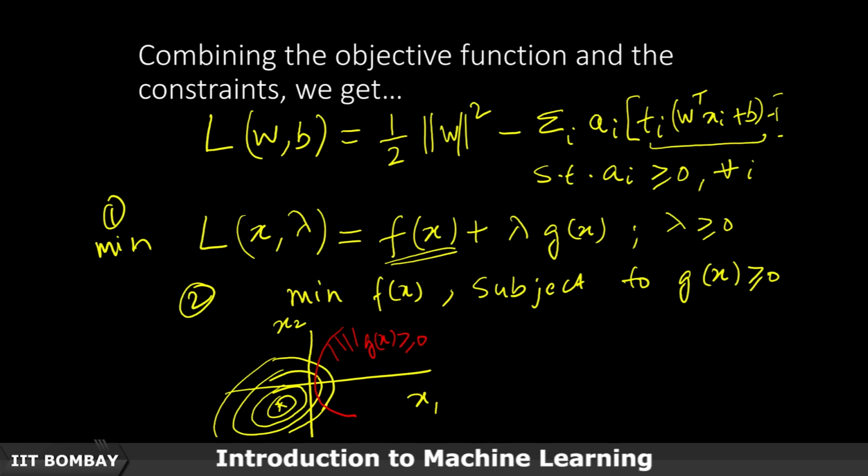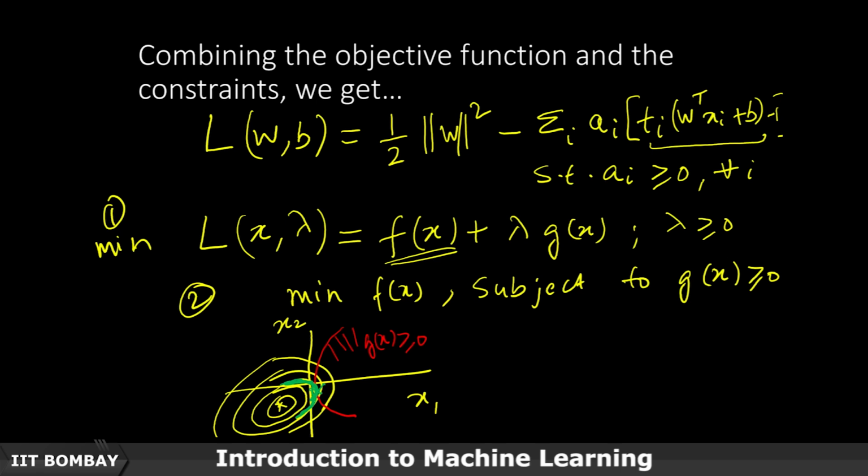What we will want is that the solution will be at a yellow curve that is tangential to the red curve. Let me draw it in a green color so that it stands out. This green color is one of the yellow curves. This green is the ideal yellow curve because it is tangential to the red curve. At that point we will achieve the solution where the two curves are tangential.